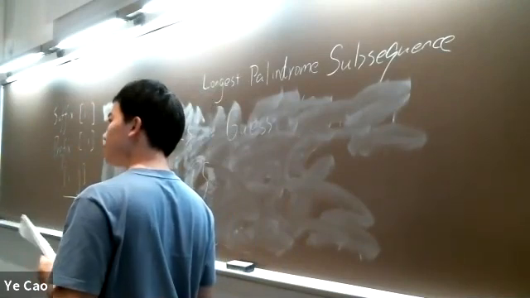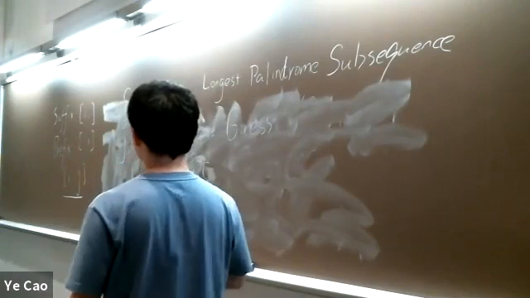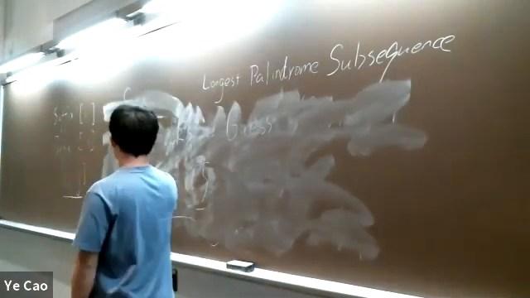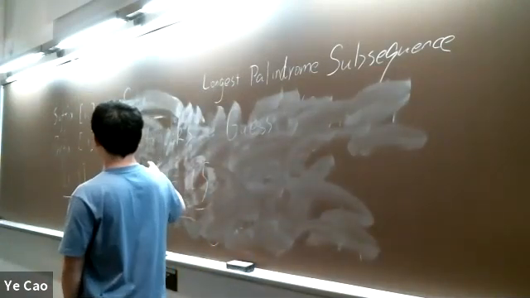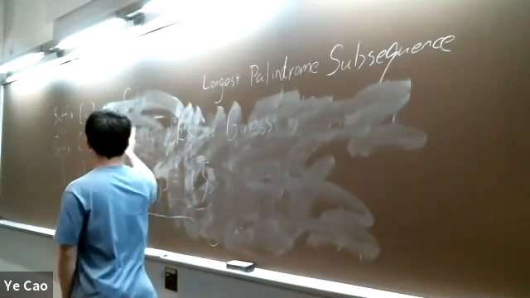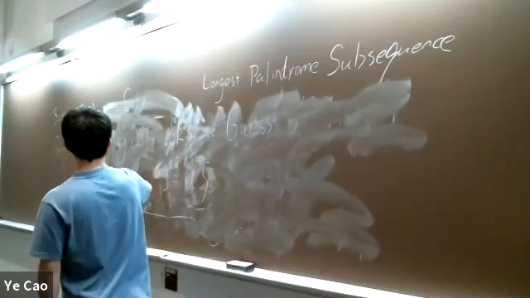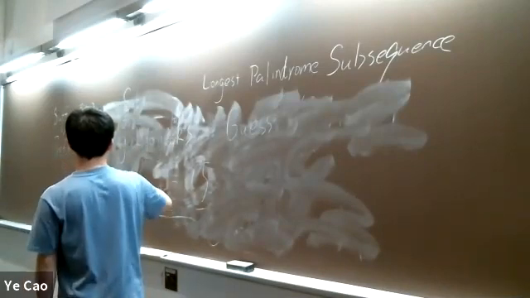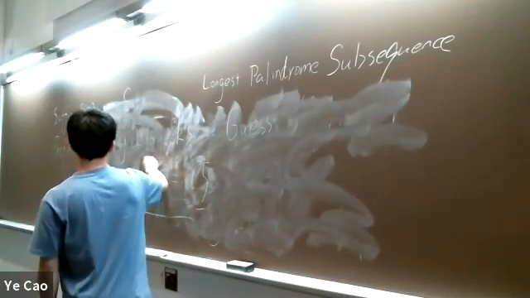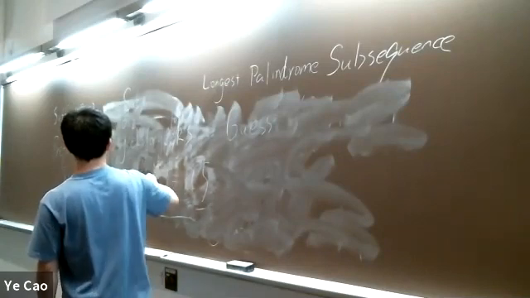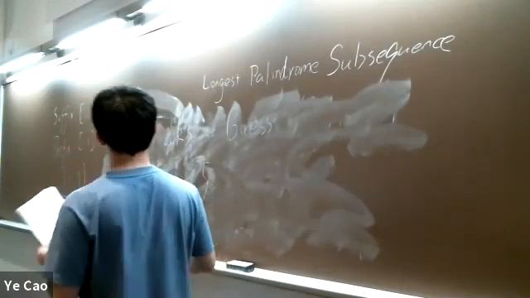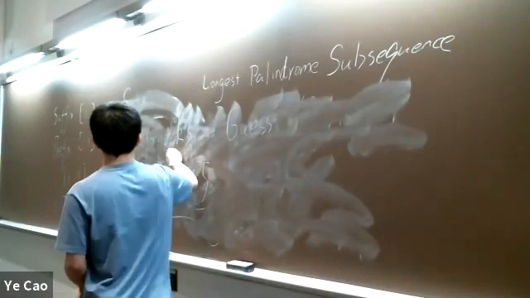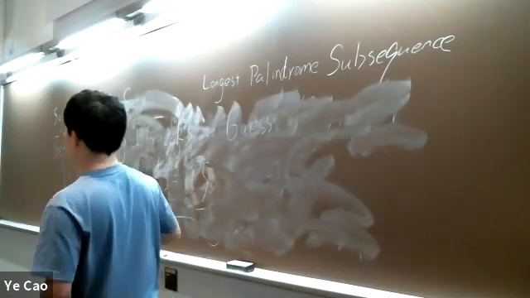Guessing the start and end index. Yeah, exactly. We want to guess where i and j start. The first could be anything from 0 to 1, and for each of them the second could be up to 10. So it's about n squared runtime complexity.